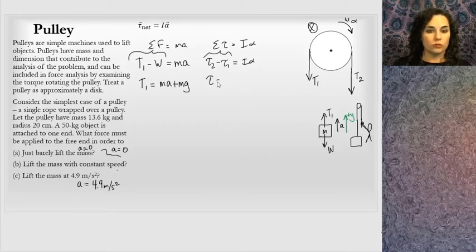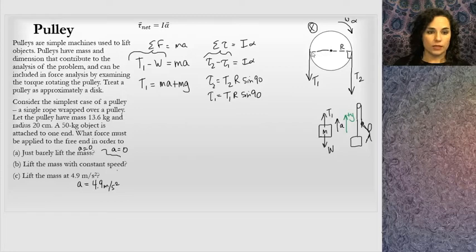Torque 2 will equal T2 times its radius, which is the radius of the pulley, and it's applied at a 90-degree angle tangentially to the pulley. So we'll have T2 R sine 90. Also for T1, very similarly, it will be T1 R sine 90 as well.